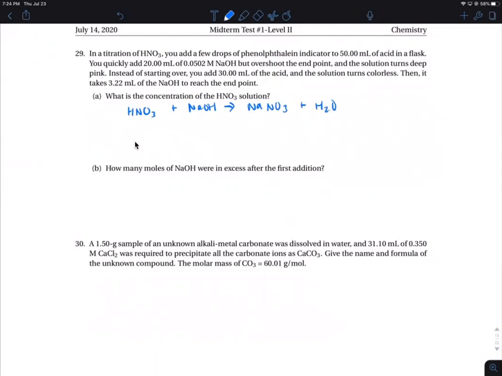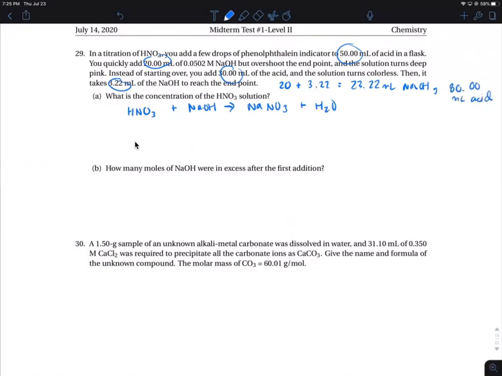Okay, so let's see, how much total do we need? So 20 plus 3.22 gives us 23.22 milliliters of NaOH. So that's how much NaOH it took to titrate a total of 50 plus 30, so a total of 80 milliliters of acid.